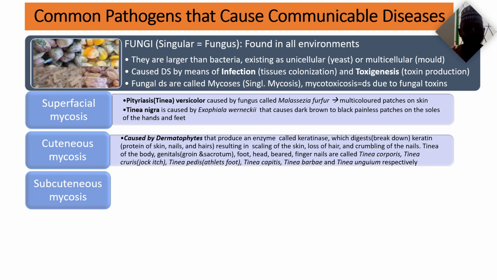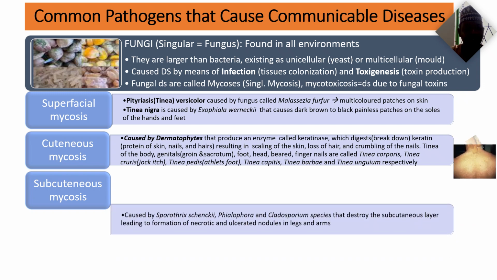Now, the next type of fungal infection is subcutaneous mycosis. This one is a type of fungal infection that is deeper than the cutaneous mycosis. It affects the tissues below the cutaneous layer of the skin, so this usually affects the innermost layer of the skin. Therefore, transmission of the fungi is through direct injection of the fungi from the environment into the body of the infected person.